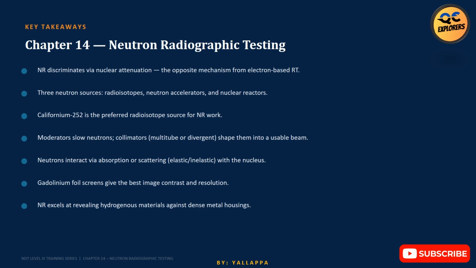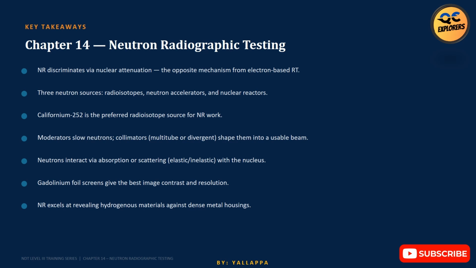We began by understanding the fundamental difference between neutron radiography and conventional radiography, learning that neutrons interact with atomic nuclei, while X-rays and gamma rays interact primarily with electrons. We then examined the three principal neutron sources: radioisotopes, neutron generators, and nuclear reactors, and discussed how moderators and collimators prepare the neutron beam for imaging.